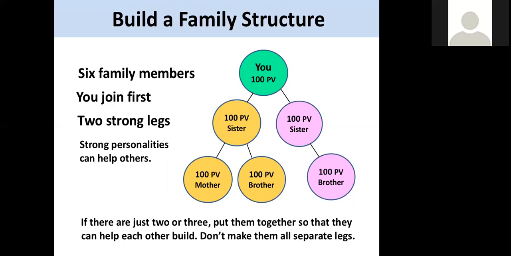That can create some problems usually, and so it's better to figure out which family members have the personalities that they're going to work well with one another and strengthen each other and help one another, and then try to group them together. So I'm just going to leave that slide as just a brief comment on that, but just something to think about as you're building or structuring your organization.